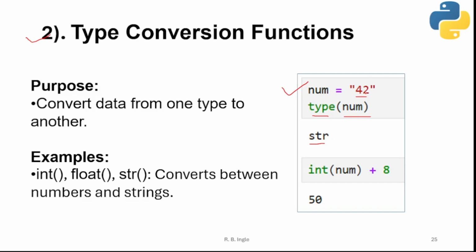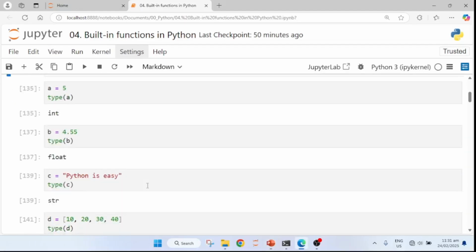So 42 is currently a string value, and I cannot add anything to it. If you want to perform a mathematical operation, I need to convert it into numeric data, for example integer. Once I write int of num, that 42 will become a number, then it will be added with 8 and you get the value 50. We'll see the example of that also.